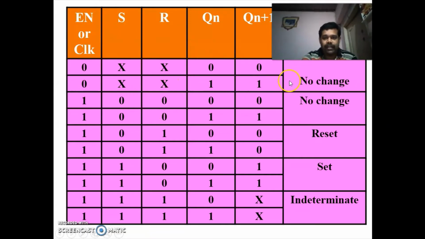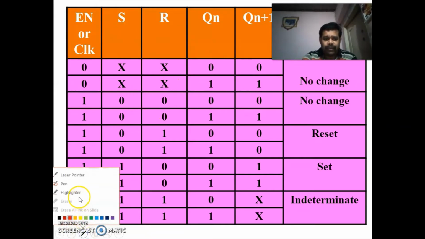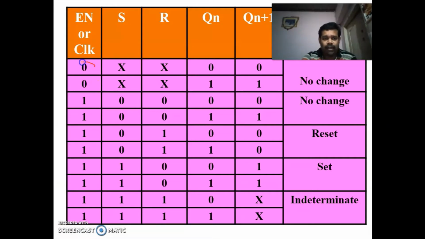Okay, when you are not providing any clock, there is no change in the present state and next state. Similarly, when you are providing clock as 1 and S and R are 0, whatever you are having in the present state, you will be having in the next state.